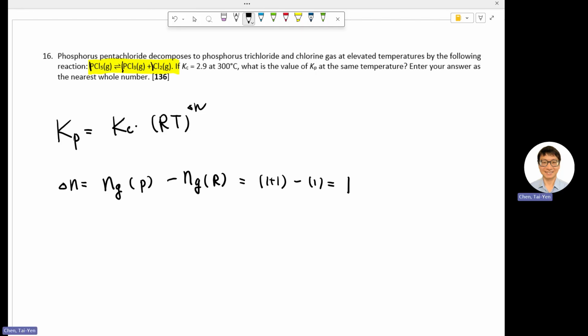Once you know this, the next thing is temperature. Which R should you use? 0.082, right? Because it involves gas now.